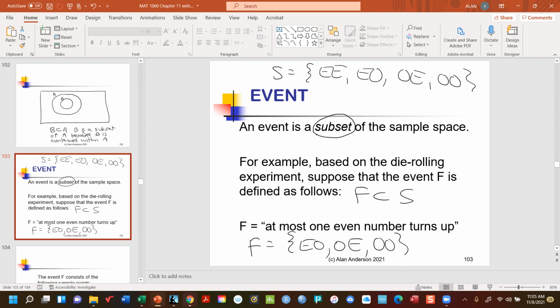All right, so let's take a look at the special case. We're literally just going to take the number of elements in our event and divide by the number of elements in the sample space.